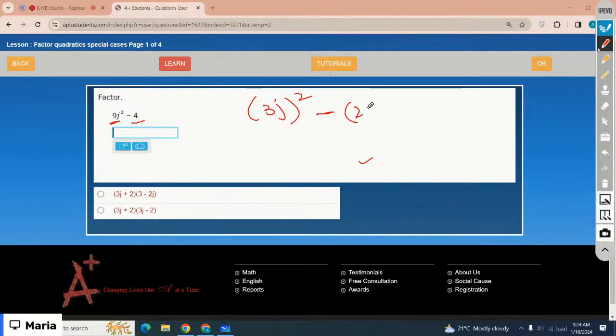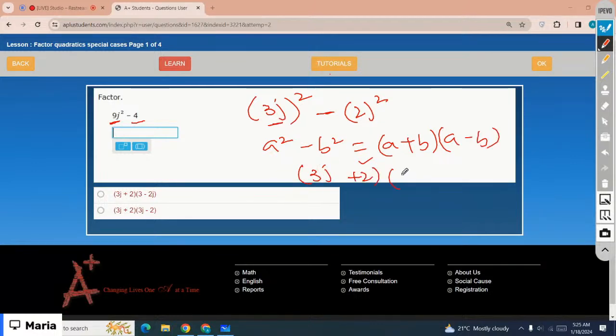And 4 is the square of 2. So you can see this is a square minus b square. When you have something like a square minus b square, you can write it as a plus b and a minus b, right? So it is 3j plus 2 and 3j minus 2.